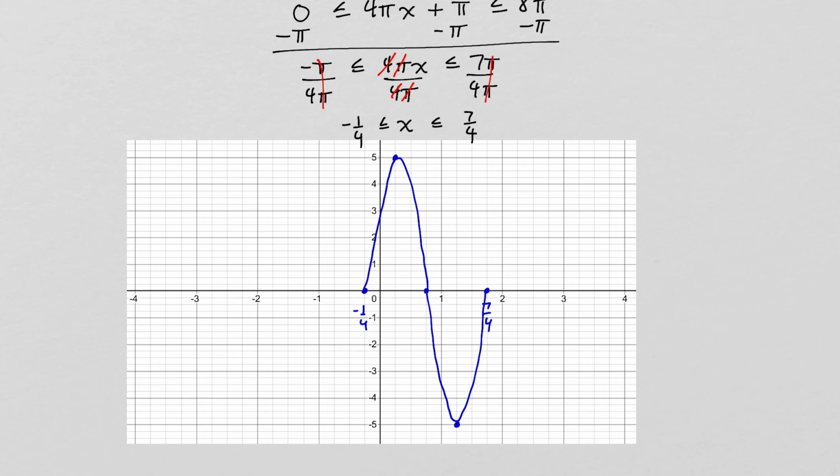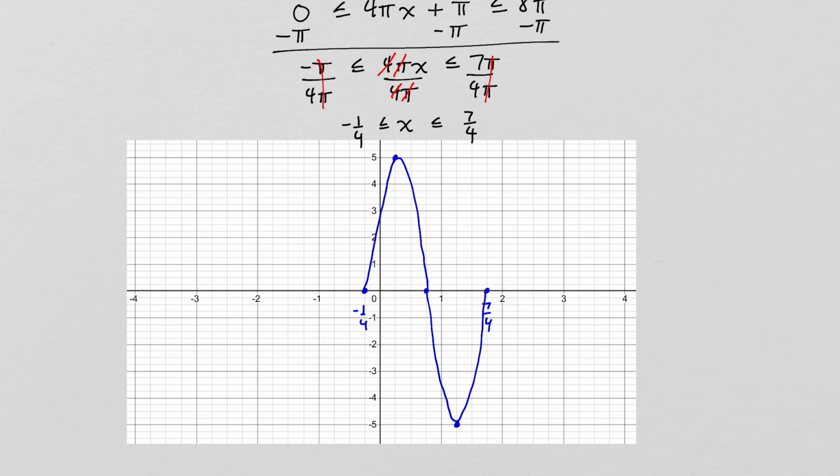And basically, I just want you to notice that every 2 marks on the graph, you have an important point. So here we have an x-intercept. If I go 2 marks to the right, we're at our high value. If I go 2 more marks, we're at our x-intercept. 2 more marks, we're at our minimum value. 2 more marks, we're at our x-intercept again.